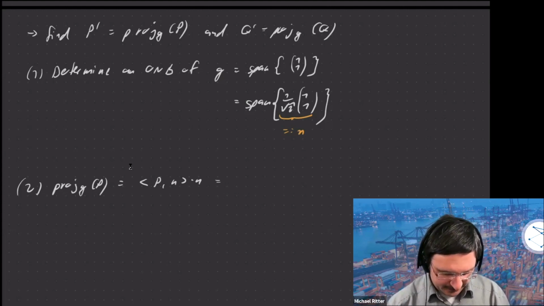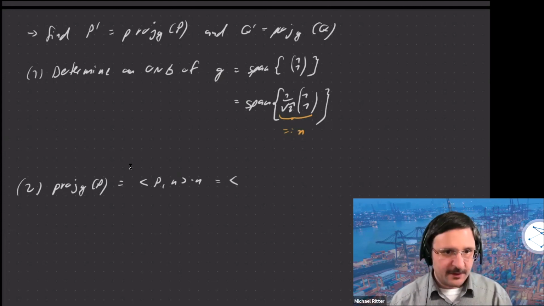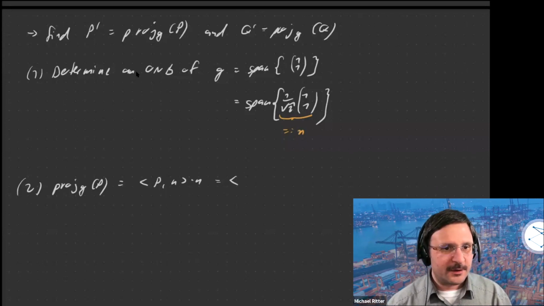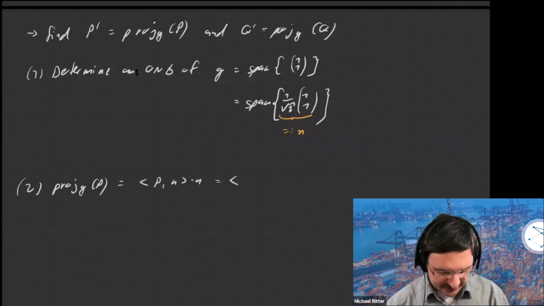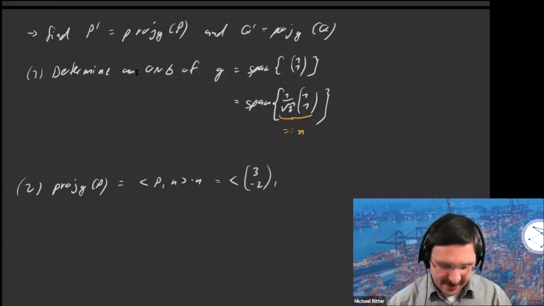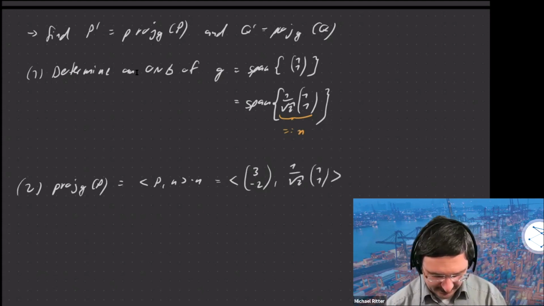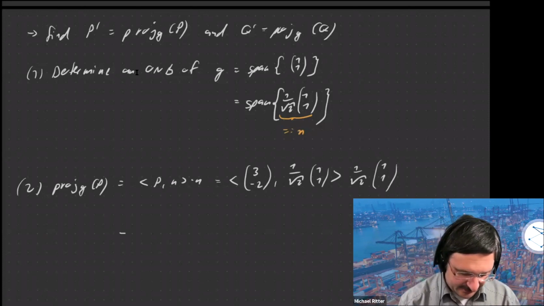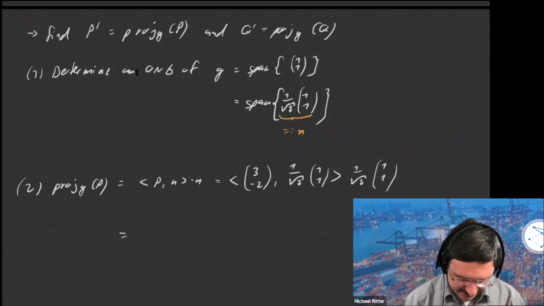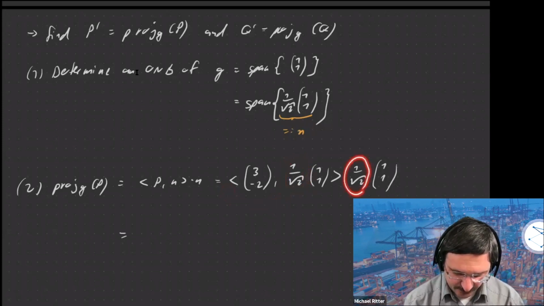But what is that? The point P is, what was that? 3, minus 2. Yeah, right. 3, minus 2. The point N is 1 over the square root of 2 times 1, 1. And here again, we need N, 1 over the square root of 2 times 1, 1. As you can see, we can easily take this factor out of the scalar product, and we can also move around this factor here.